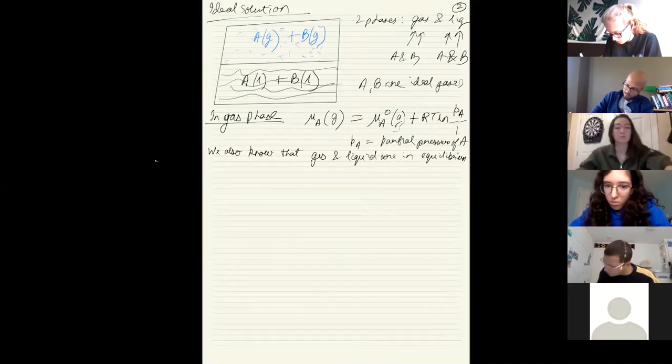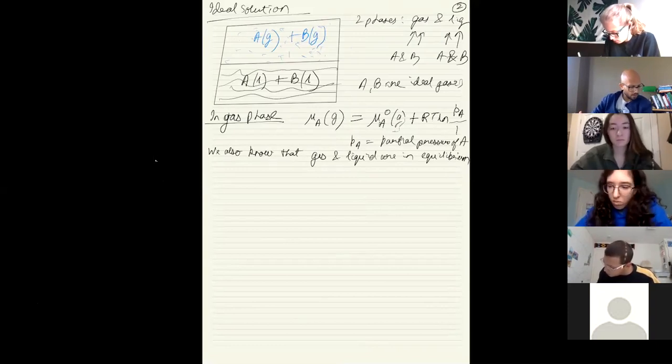What does equilibrium mean to us at constant pressure and temperature? That means the chemical potential of A must be the same in the gas and in the liquid phase.